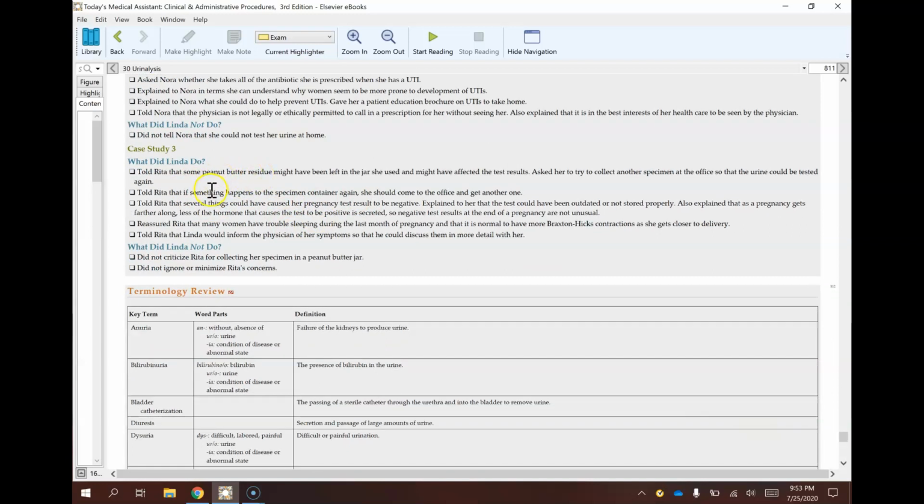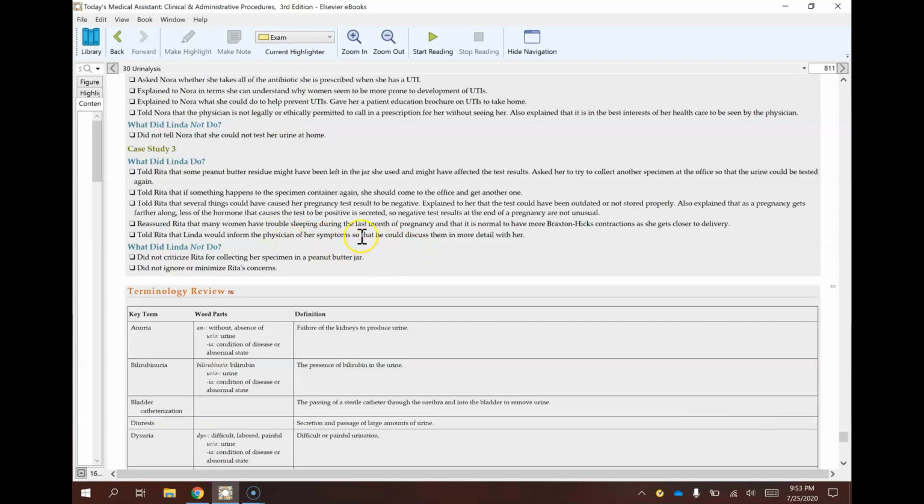And then in that last case study, Linda told Rita, who used the peanut butter jar, that perhaps the peanut butter residue could have affected her test results. She then asked her to try collecting a specimen here in the office. She encouraged her, if something happened to her container, to come back in or stop at the lab and pick up another container.